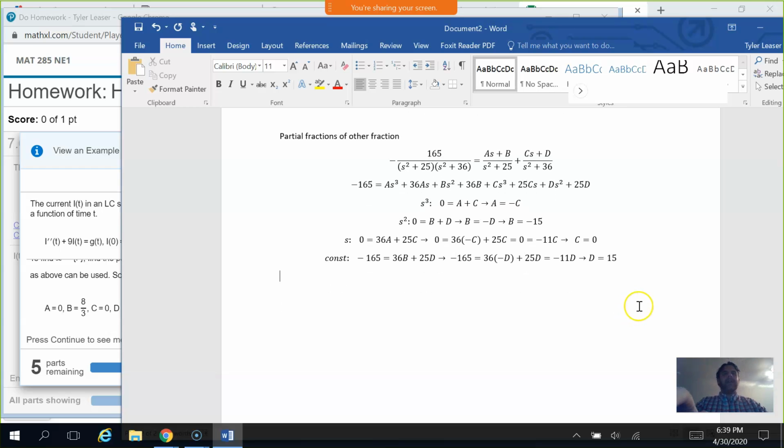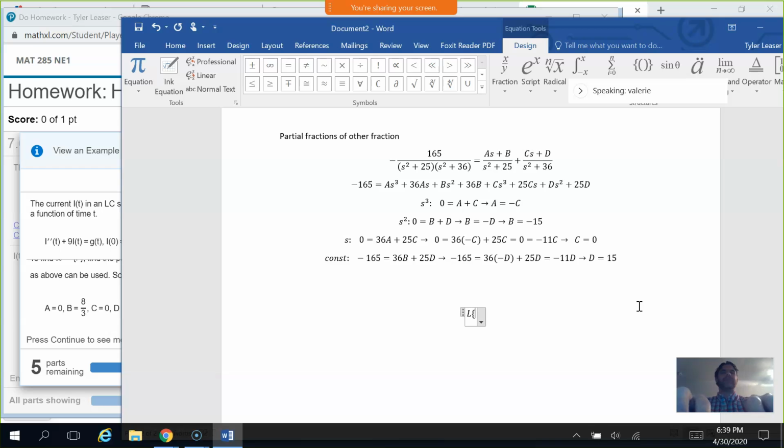All right, now all of that is to say that now the Laplace transform of I is the first partial fraction had that e to the negative 2 pi s, which we're going to leave out in front, times the partial fraction decomposition, which was As plus B. So we're just going to have the negative B, the negative 15, over that s squared plus 25.